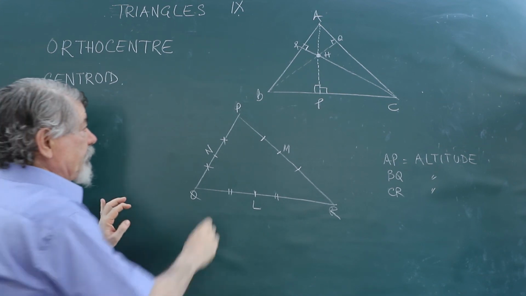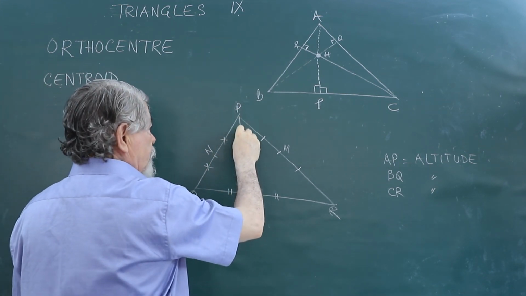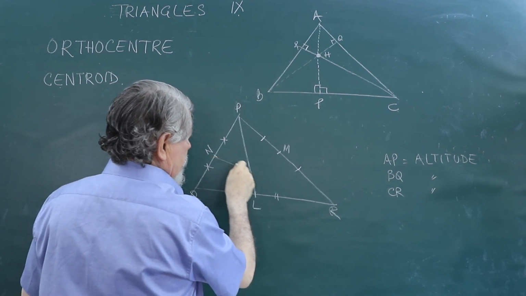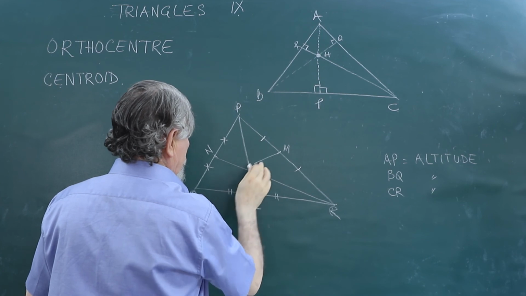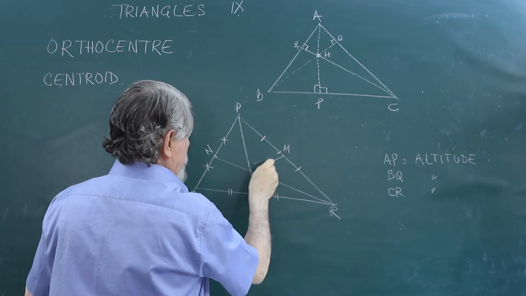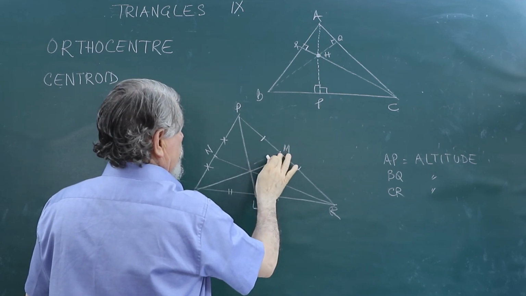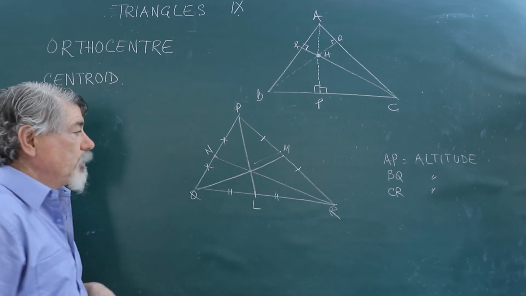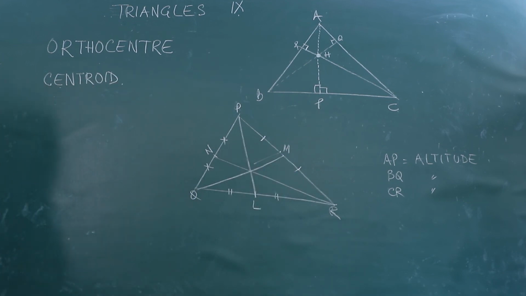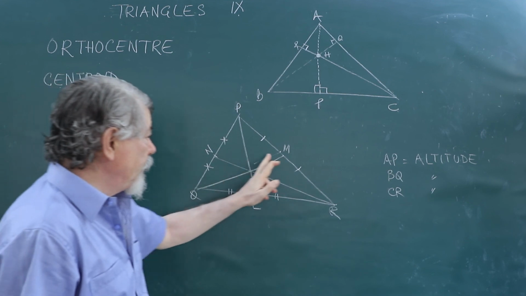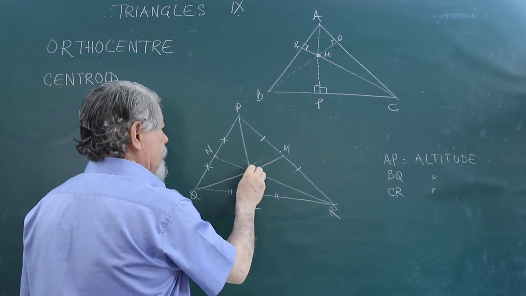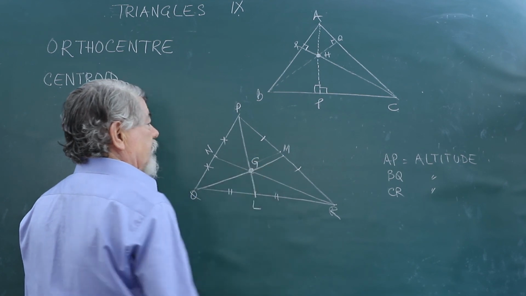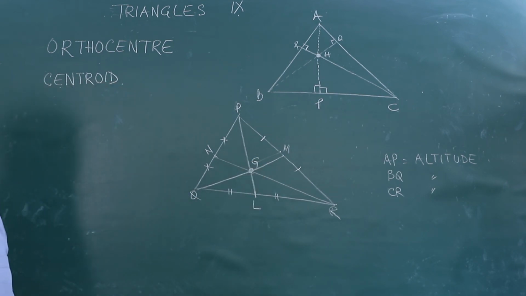If I join these midpoints to the vertices, we'll find that all the three lines PL, QM and RN will be concurrent at a point called G. It is called centroid.